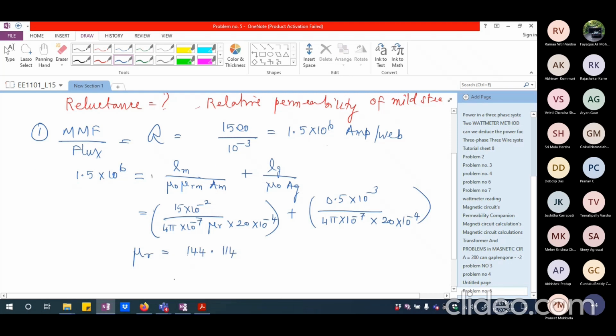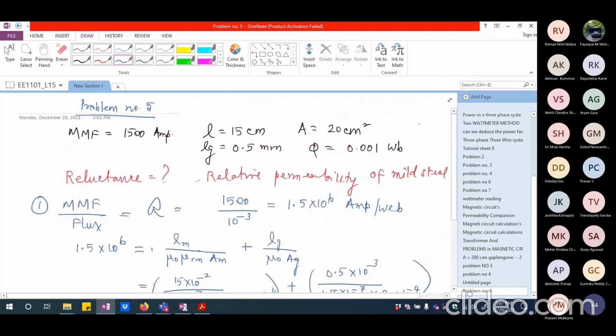So this is the relative permeability I am getting. Okay, so please check it up. Please check all the calculations, whether they are done properly or not. Because if I have done it in a hurry, it could have been wrong in some way or the other. So please make sure that you check it properly.